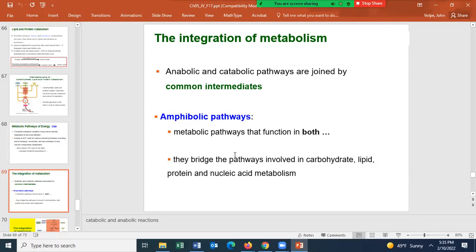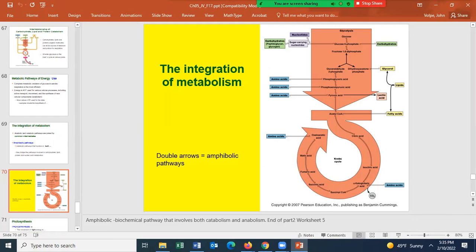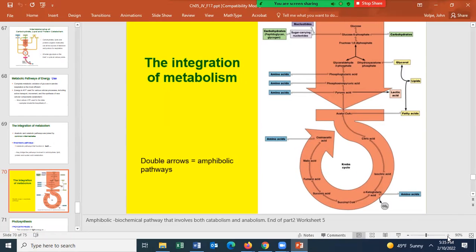But the point is that amphibolic pathways bridge the pathways in carbohydrate, lipid, protein, and nucleic acid metabolism. And as I stated, most of us couch potatoes, when we consume and digest proteins and lipids, we don't burn them directly.